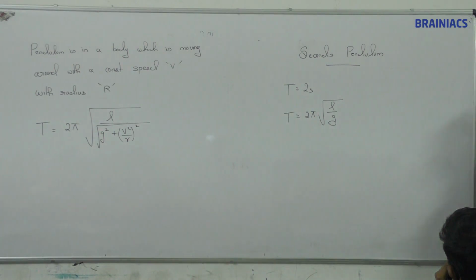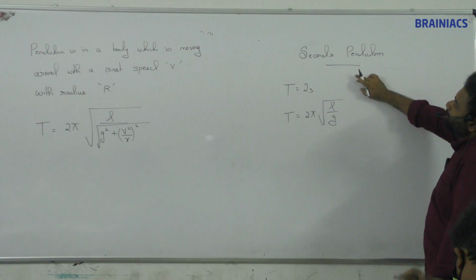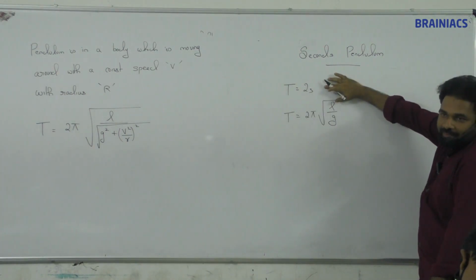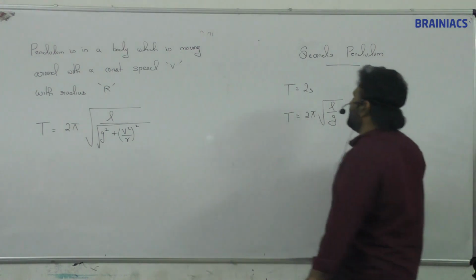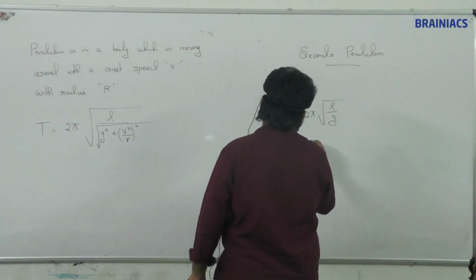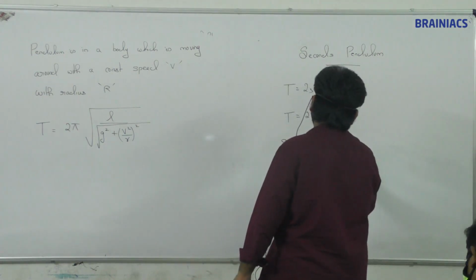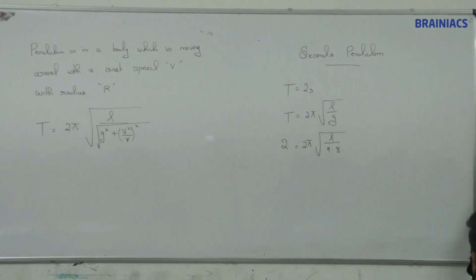See, the last one is the seconds pendulum. A seconds pendulum is nothing but a pendulum whose time period is 2 seconds. So we already know the time period. So 2 equals 2 pi root of L divided by g on Earth.